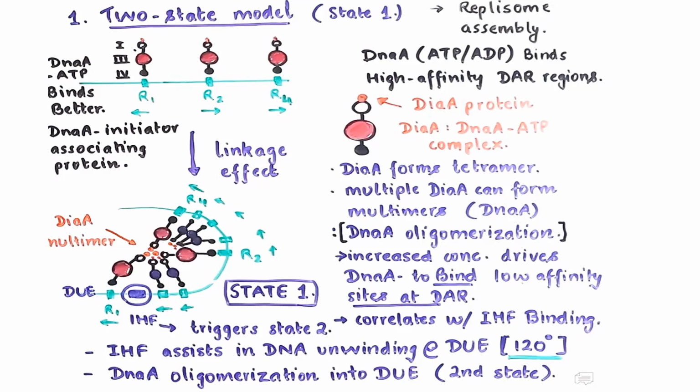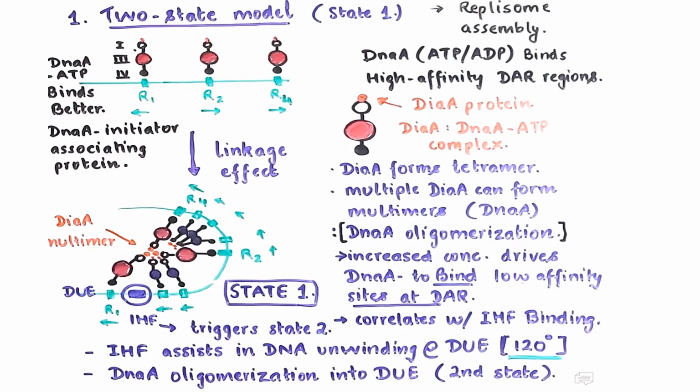The unwinding or DNA melting is caused because IHF binding causes a 120-degree bend in the DNA, and the unwinding then allows DNA A oligomerization into the DUV region. And this is the second state.